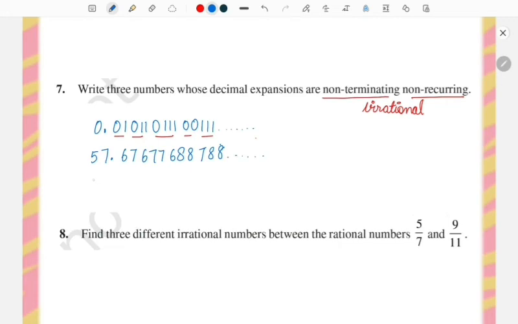Then you can write 100.87877 8678 180 with dots. There can be a lot of examples. You can give examples from your side as well. Let's move to the next question.